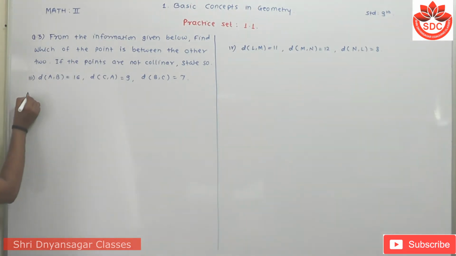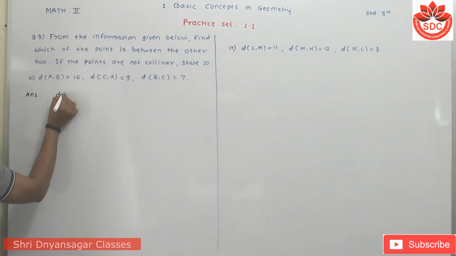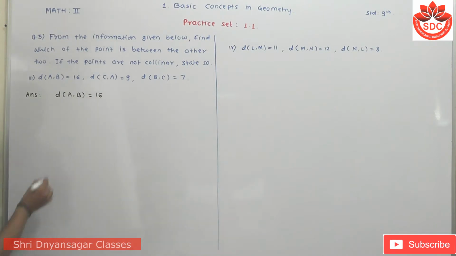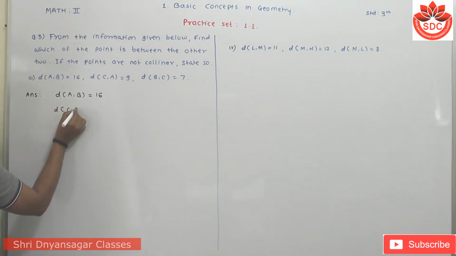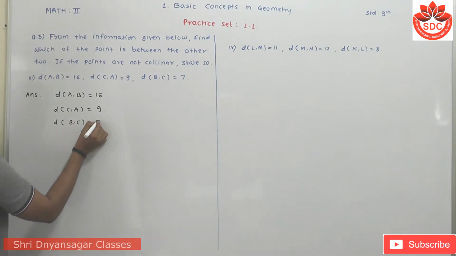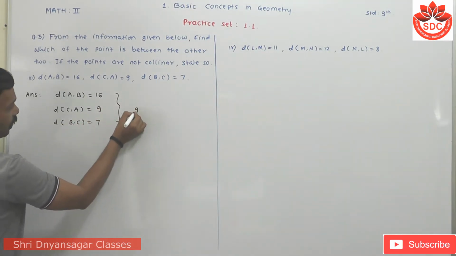The answer of this one is: here the bigger segment is the distance of AB, which equals 16. The remaining two are the distance of CA, which equals 9 units, and the distance of BC, which equals 7 units. All these are given.